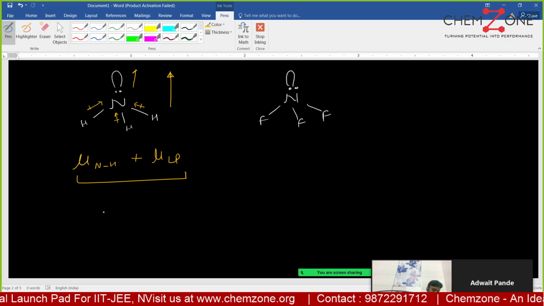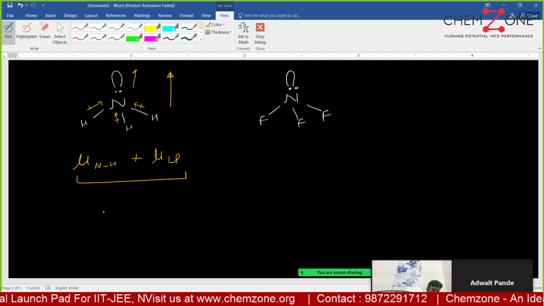But in case of the NF3 molecule, fluorine is more electronegative than nitrogen, so dipole moment will be towards fluorine, and the dipole moment due to the lone pair is upside. It means they are acting opposite in direction.